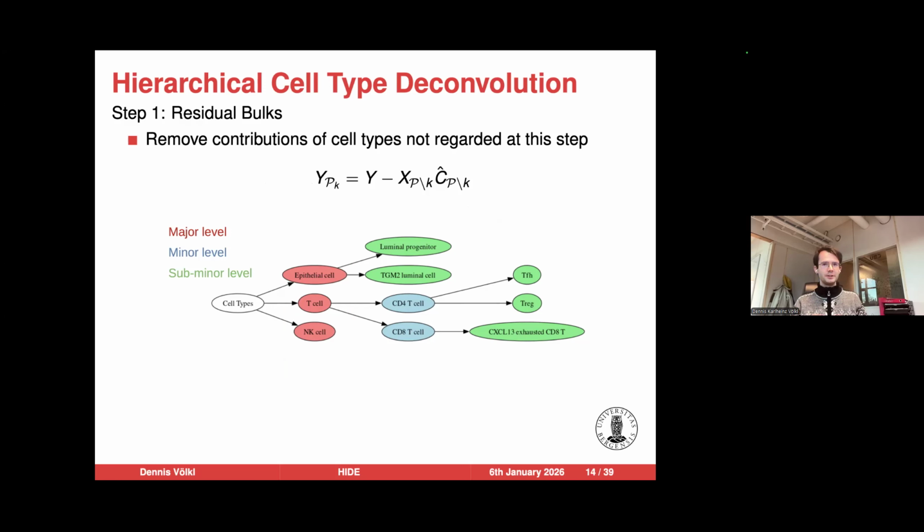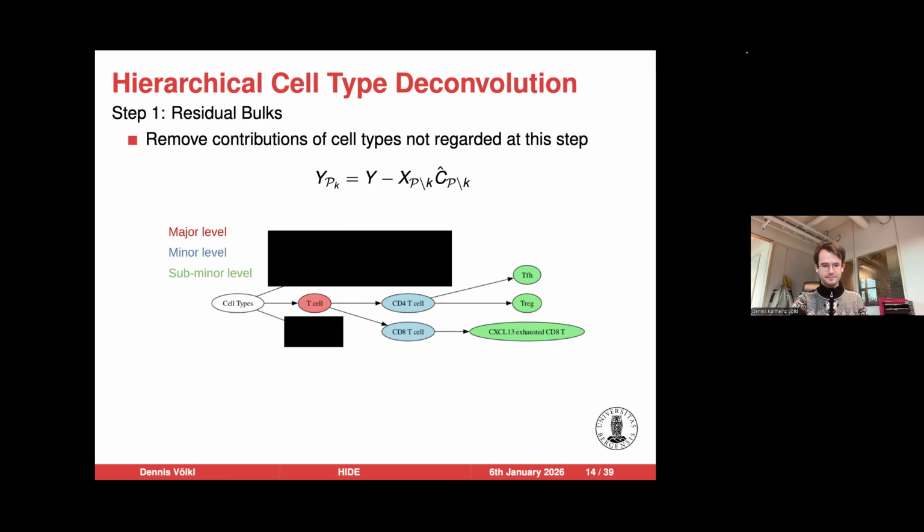And now we can use this information we got from the deconvolution of the major cell types to get a better estimate for the subcell types. First, we try to remove the contributions of other cells for one specific major cell type. This can be done by multiplying the contributions we previously estimated for all the other cell types and subtracting them from the whole bulk.